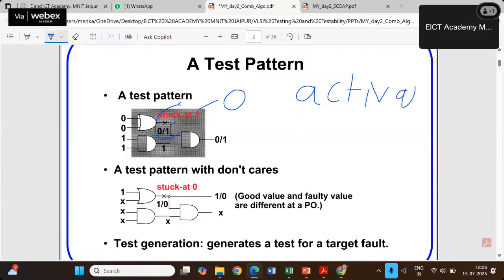Activating the fault means you will be having the set of inputs. Activating this fault means I need 0. That is the goal. To activate the fault, I need a 0 over here. This is an OR gate.